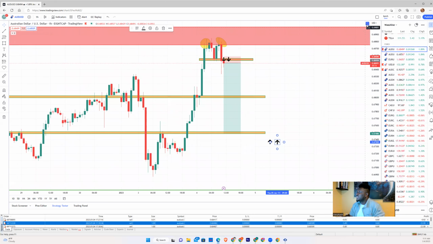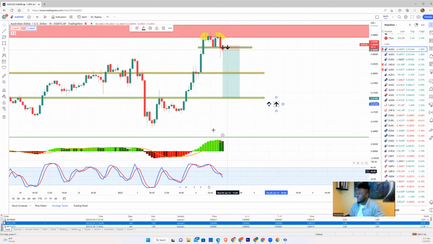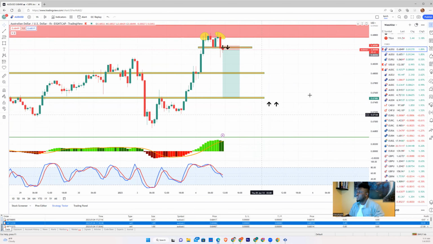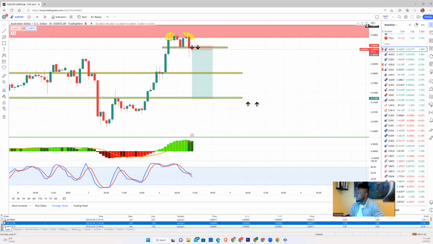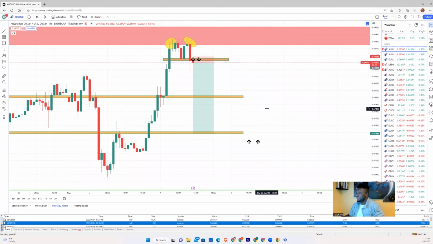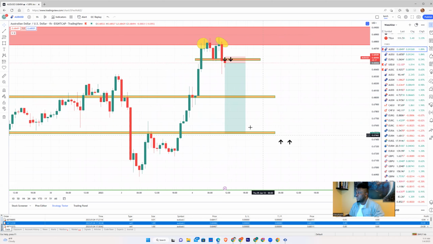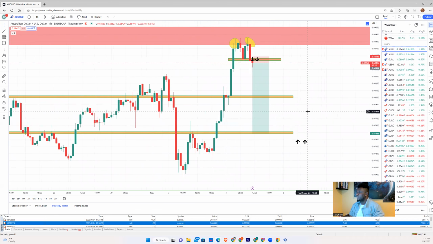But as you can see, my indicators agree with what I'm saying, okay? You can see it's agreeing for the sell. So those 2 are right there, just so that we can see what's happening if the market gets down here, okay?